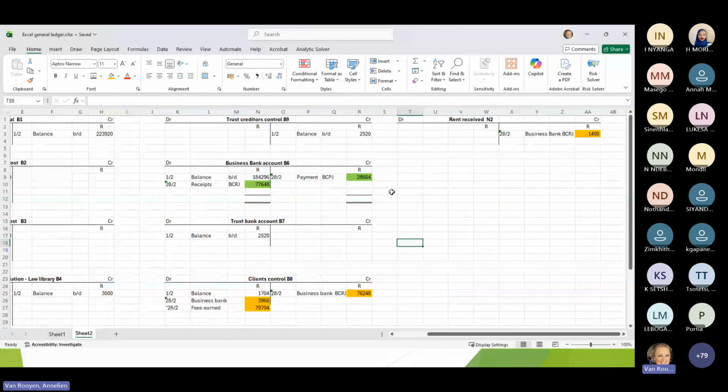At the end of these transactions, you then want to balance a T account. So how do you go about doing that? You take your calculator and you literally add these up.